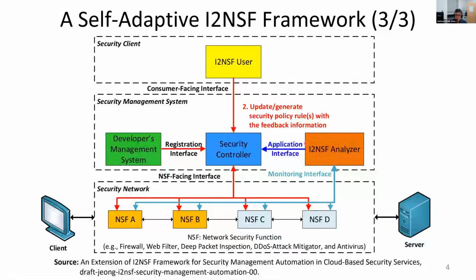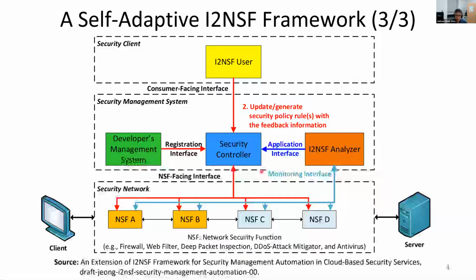We deliver that information through a new interface called the application interface, which means that feedback information can be used to update the current security policy rule, or to generate a new policy rule. That rule update or new generated policy will be delivered over an NSF-facing interface.